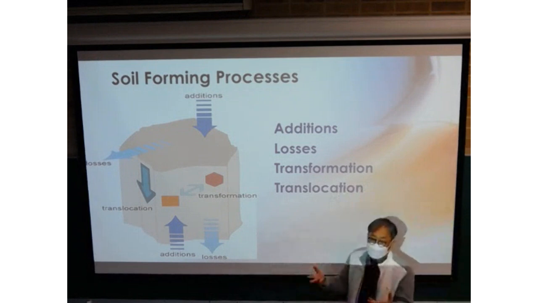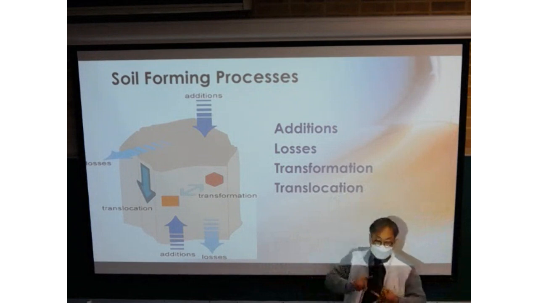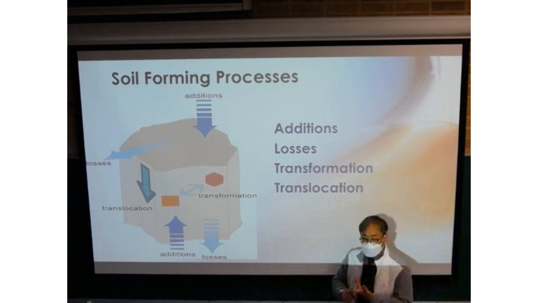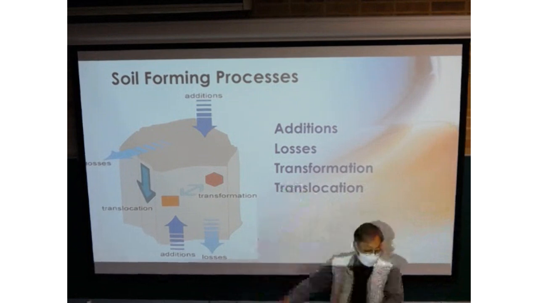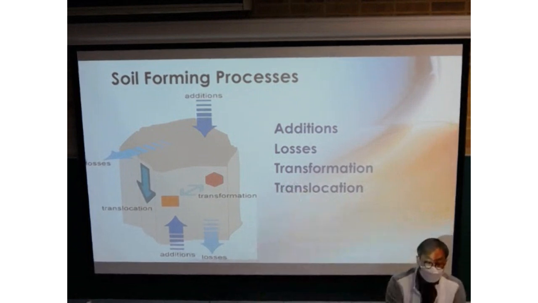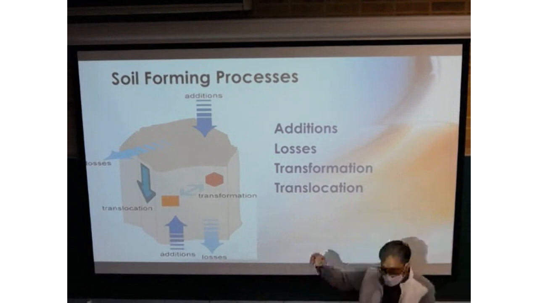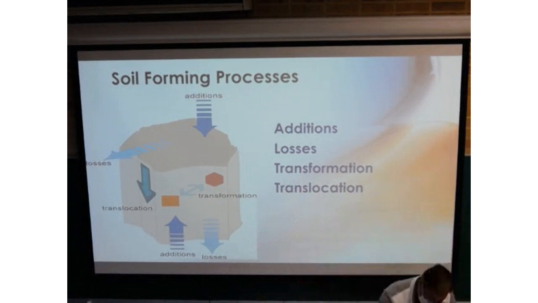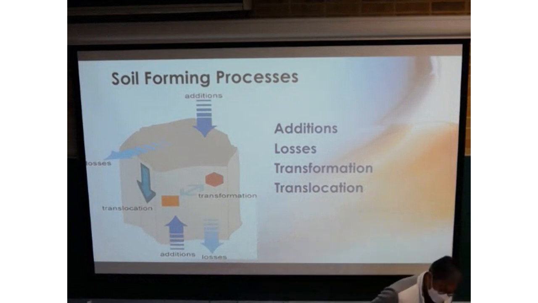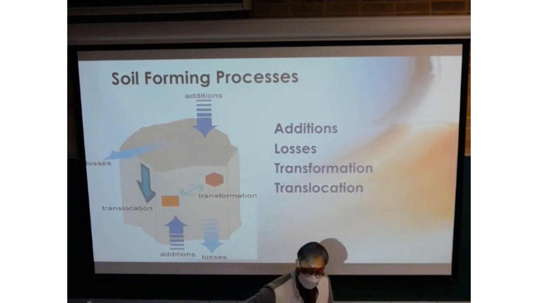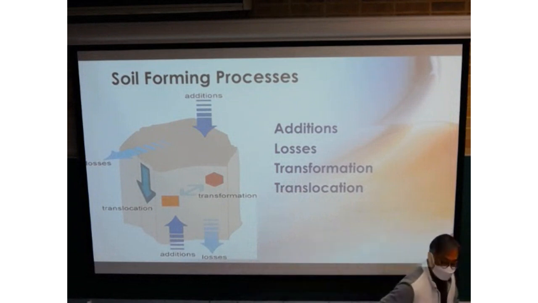So first, addition. The broken pieces of parent material will be moved by water, gravity, wind, or ice from some other place to some area. Wind is going to blow up broken pieces of rock and drop them here. Ice moves with soil particles, and when it arrives in this area, it melts down and drops the sediment.